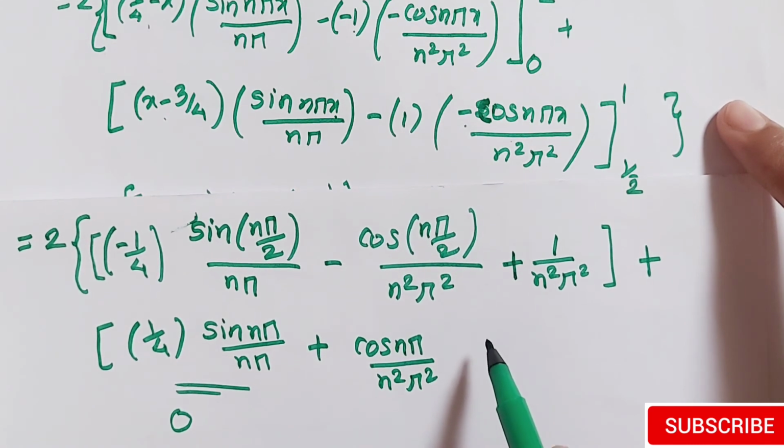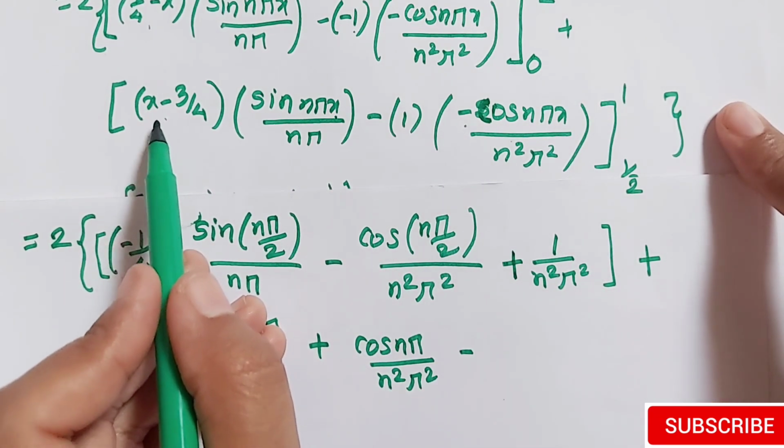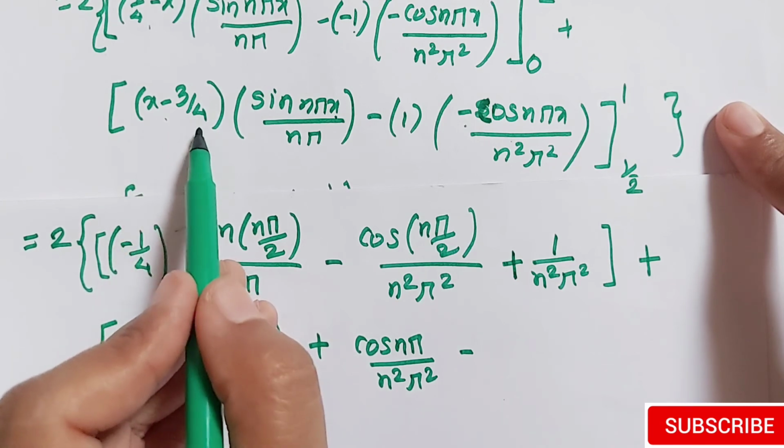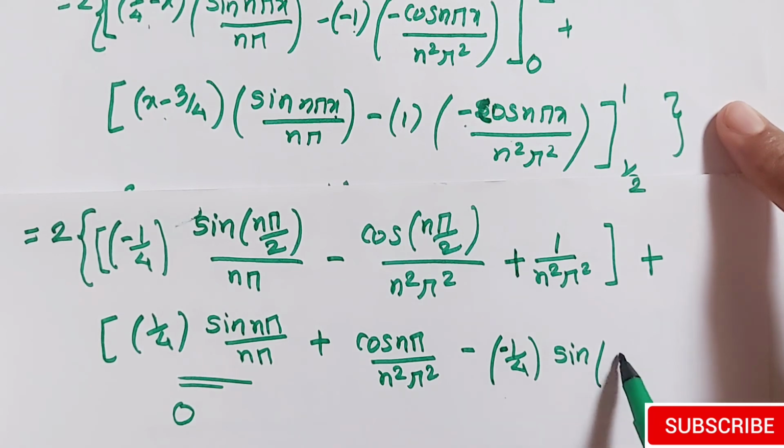Minus lower limit. So the lower limit is 1/2. So here if we put 1/2, then 1/2 minus 3/4 is minus 1/4. So minus 1/4 and sin n pi by 2 divided by n pi.